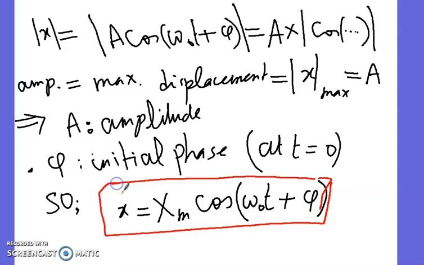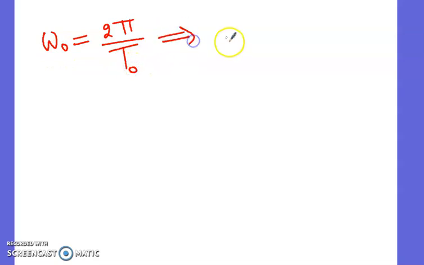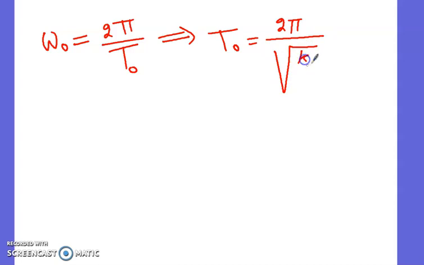Here it is. Now you know that. What is the period of motion? Omega 0, the angle, is equal to 2 pi over the period. We call it omega 0 and here T0. So T0 is equal to 2 pi over omega 0, meaning 2 pi over radical k over m.